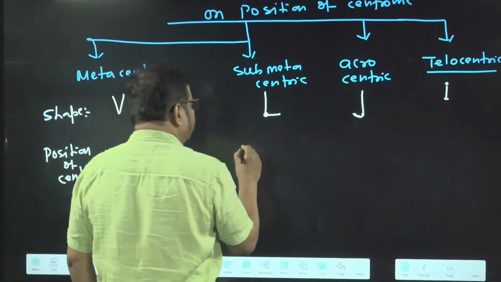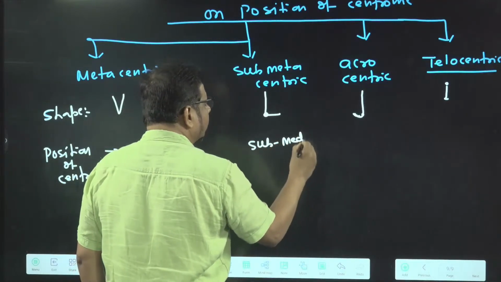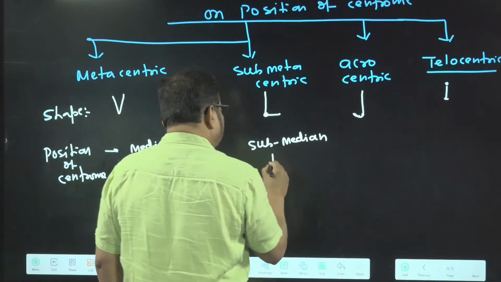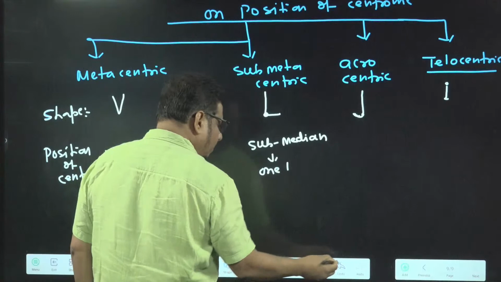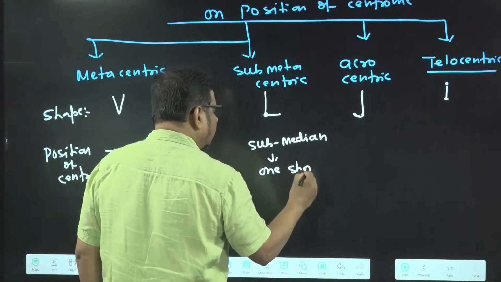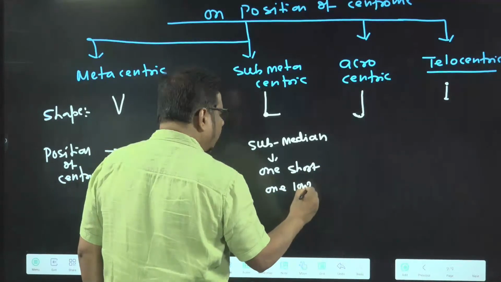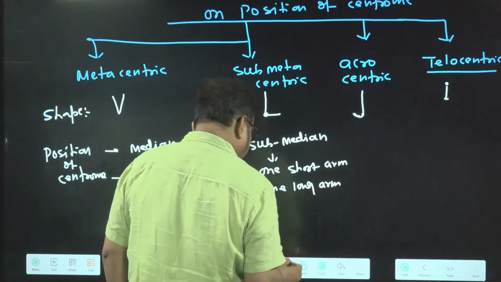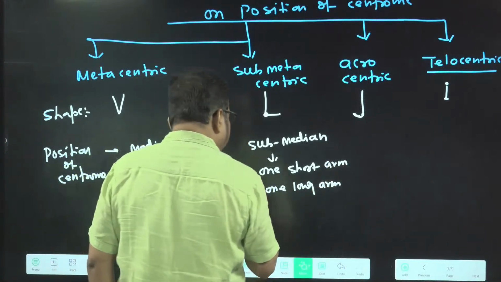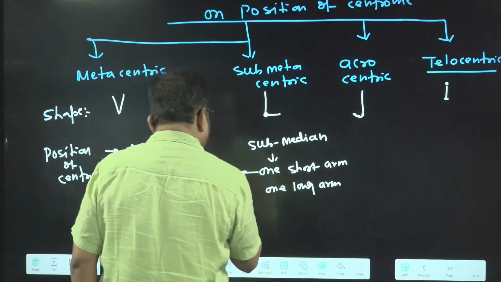Here it is submedian, away from center. One arm long, one short. One short arm, one long arm. The short arm is called P arm.